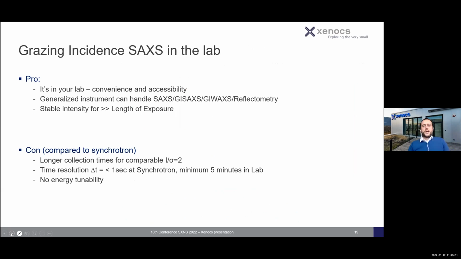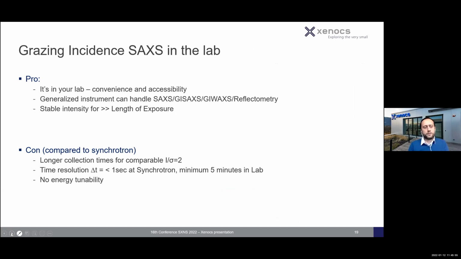As a final conclusion, I was trying to show you that, of course, we don't have the brightness of a synchrotron, but GSAX and GWAX instruments in the laboratory can really support the development of advanced nanomaterials. We can also have high data quality because we can count for a long time, as we are also using photon counting detectors.